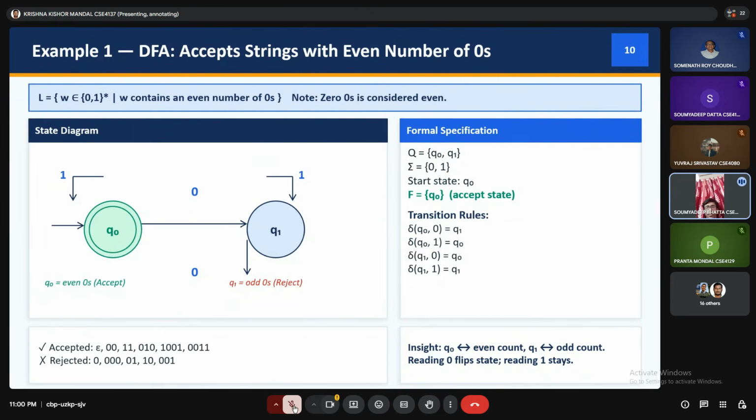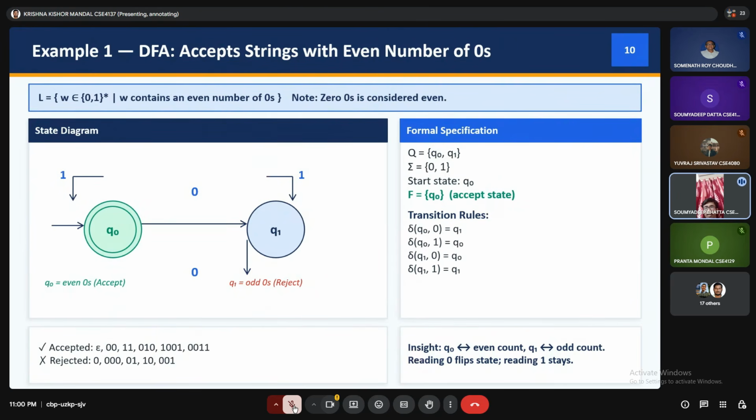We have two states in this DFA, Q0 and Q1. State Q0 represents that the number of zeros seen so far is even, and it is the accepting state. And state Q1 represents that the number of zeros is odd, and it is a rejecting state.